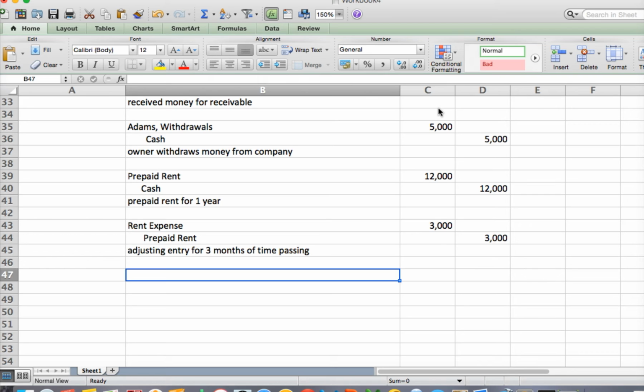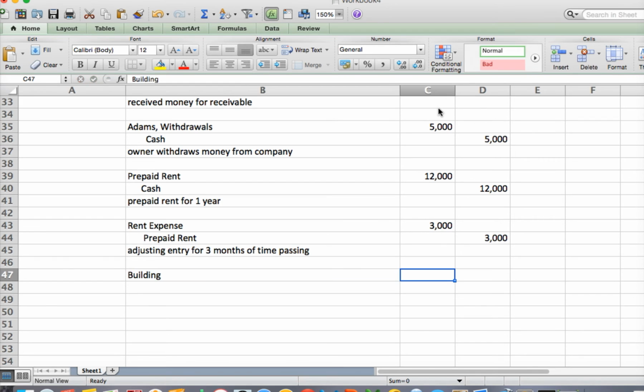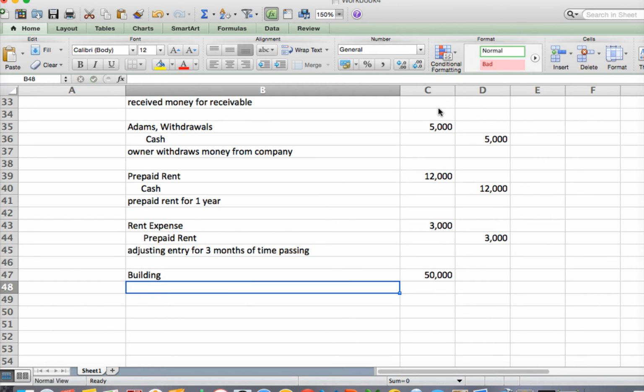We're going to use essentially a loan or something we call a note payable, which is basically an IOU, but it's more formal than that, where you're actually signing loan documents and such. So we'll say we're going to buy a building worth $50,000. So our building account is going to go up by $50,000. And we're going to record a $50,000 liability.